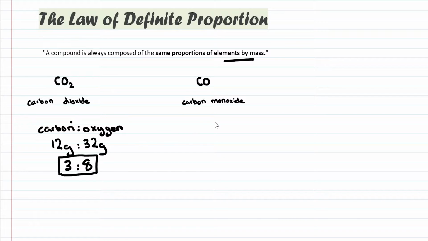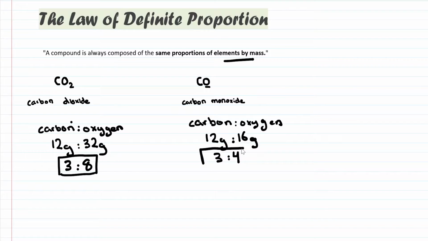Let's do the same thing for carbon monoxide. So you have the carbon to oxygen ratio, and you know that the molar mass of carbon is still 12 grams, and for oxygen it's 16 grams, but we only have 1 oxygen for every compound, so it's going to be 12 to 16 grams. And as we did here, we can simplify this further to 3 to 4, and that's going to be the ratio here.